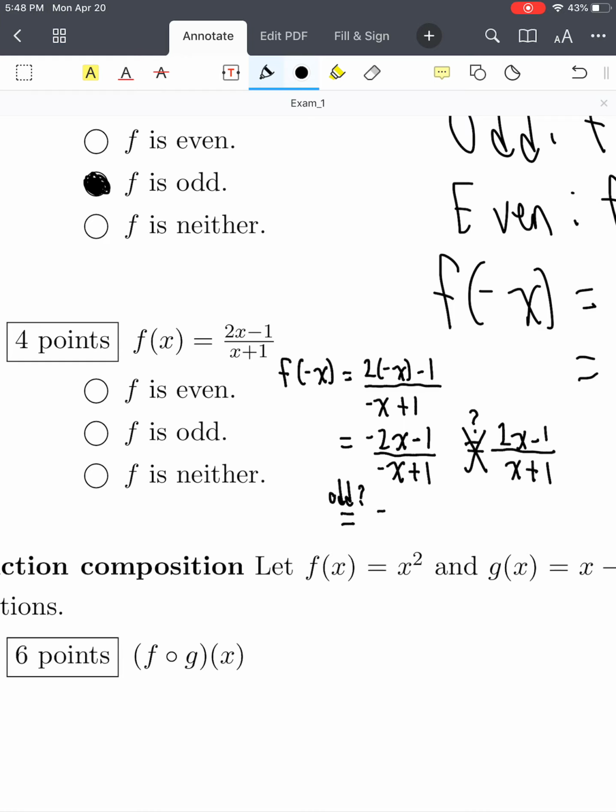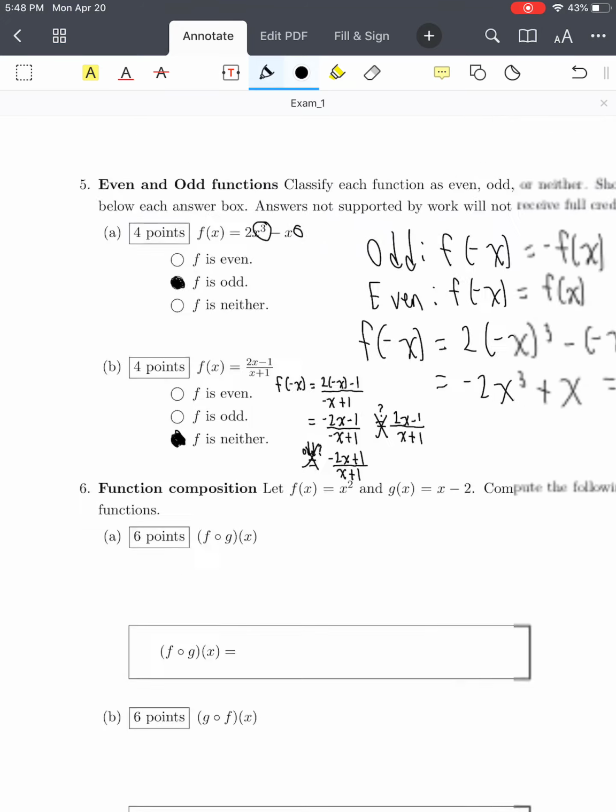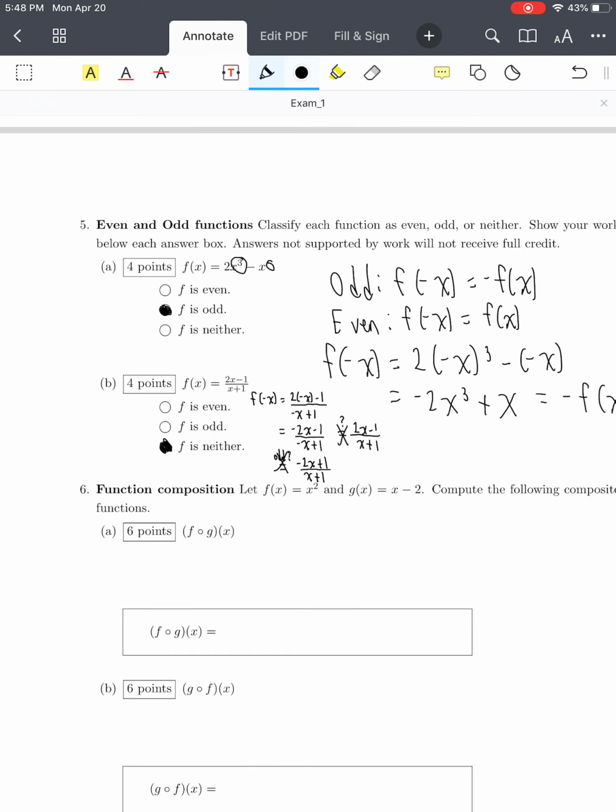So it would be negative 2x plus 1 over x plus 1, which we can also see that it doesn't. So if it's not even or odd, then it is neither. Either way, you just want to check if f of negative x equals negative f of x or f of negative x equals f of x.